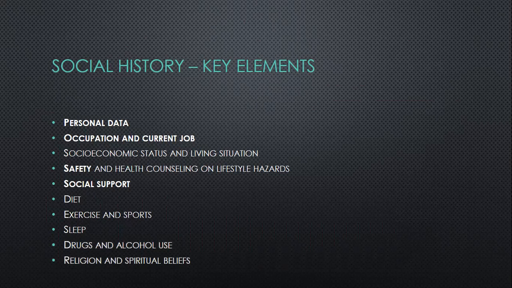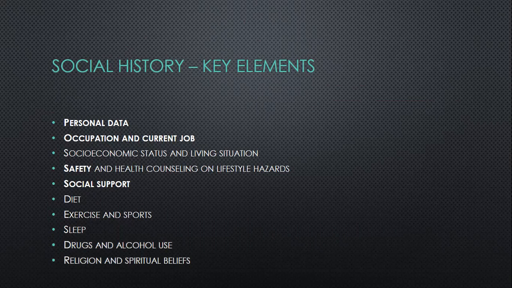And the next one would be occupation and current job. It is actually important for us to investigate this because work is a major stress factor for many patients. And moreover, various occupations are associated with health hazards. For example, exposure to heavy metals or carcinogenic materials. Okay.